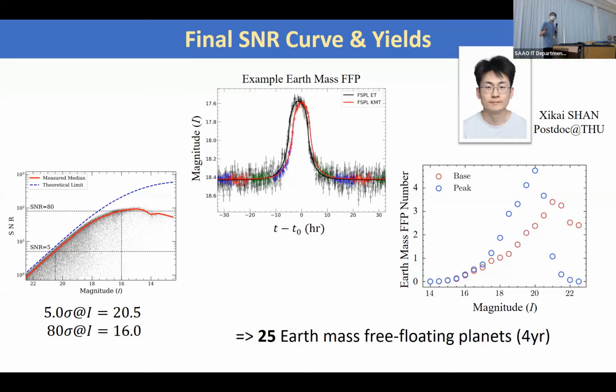And this is the output as a function of the source magnitude and after magnification. So basically we finally have this number, 25 Earth mass floating planets in a 4-year mission.